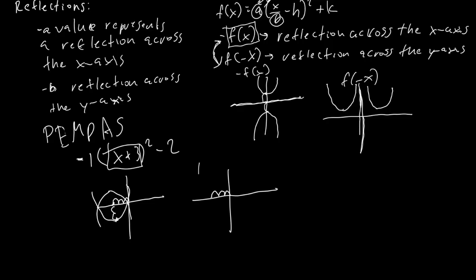So instead of going up like this, you actually go down, right? Because it's now negative, and you're flipping it across the x-axis. You're making every positive y value negative, or negative value positive. So now it's going down, and now you go down 2. So 1, 2, and here.